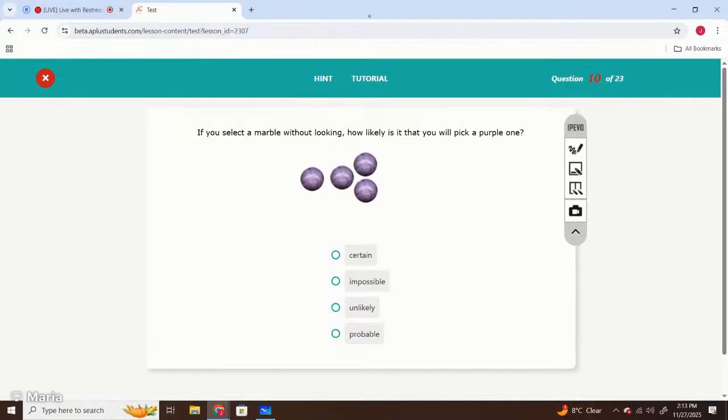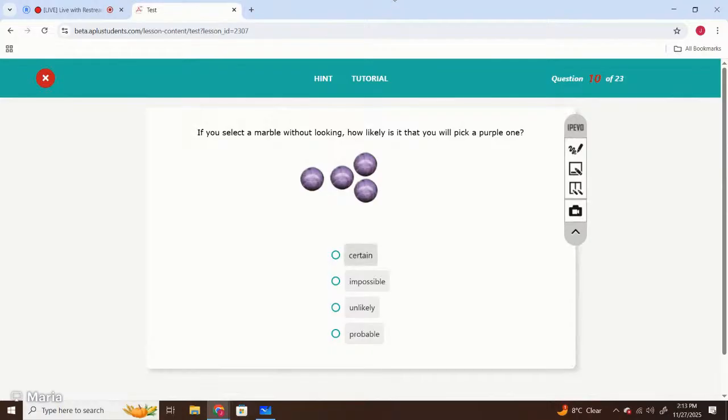So, which is the correct option? All of them are purple. So, that means it is certain you will select the purple one. Option number one is the correct option.